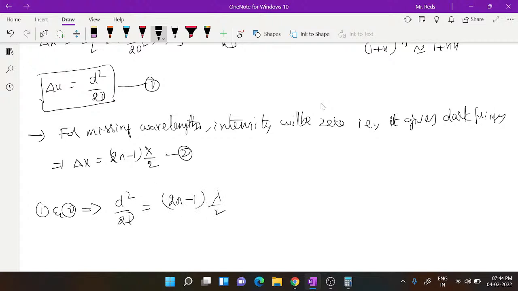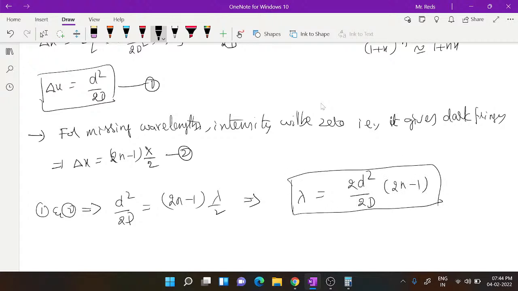We want to find the missing wavelengths, so from this, lambda is equal to 2 small d square by 2d into 2n minus 1, where n is equal to 1, 2, 3 and so on.